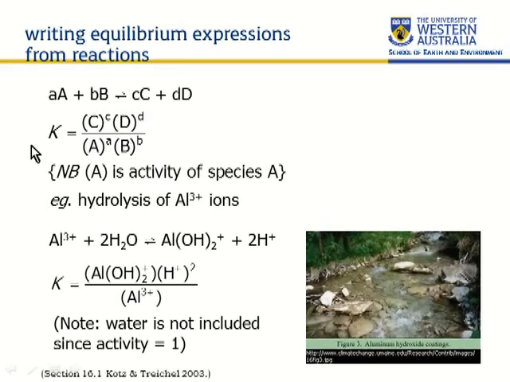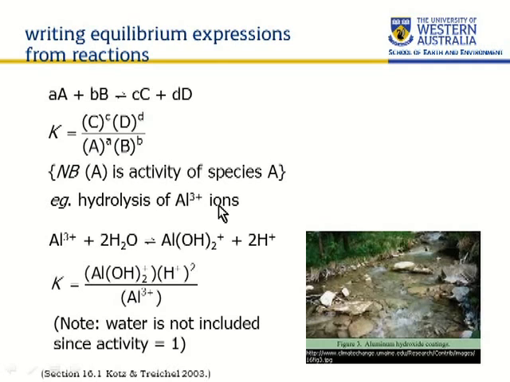The equilibrium constant is defined by the product of the product activities or concentrations, each raised to the power of their, what we call stoichiometric coefficient, the number of moles of each in the balanced equation, divided by the product of the reactant concentrations, again each raised to the power of their stoichiometric coefficient.